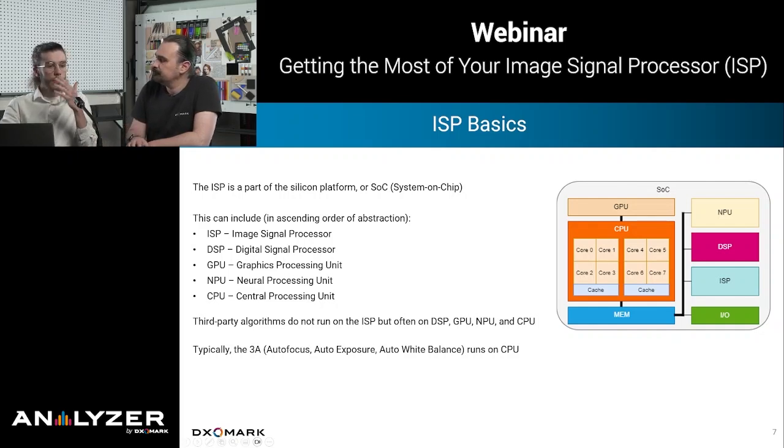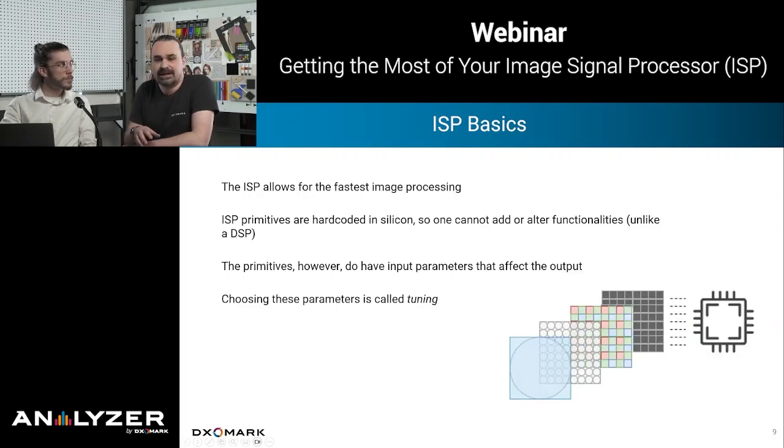So why would my algorithm run on one of these processors and not the other? A general rule of hardware design, electronics, is that the more a component is specialized for a task, the more efficient it is at performing it.